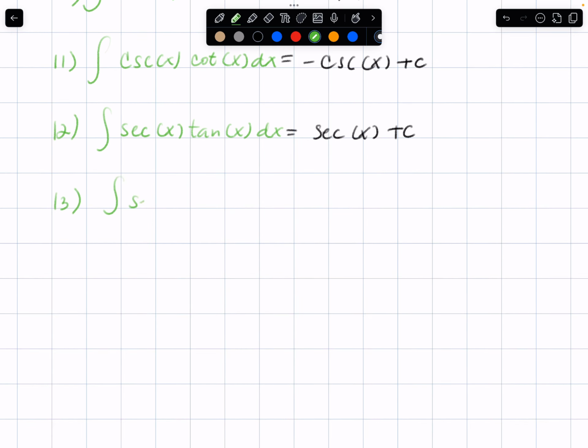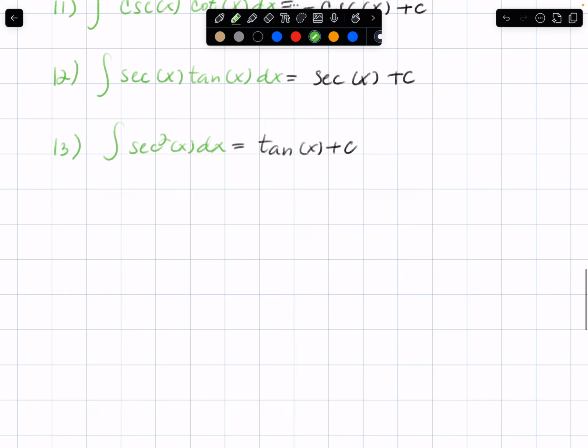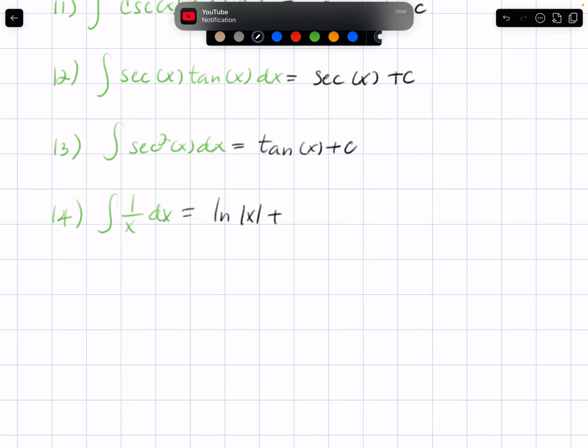And the integral of secant squared of x dx will turn into tangent of x plus c. Okay. The integral of 1 over x dx turns into the natural log of x plus c.